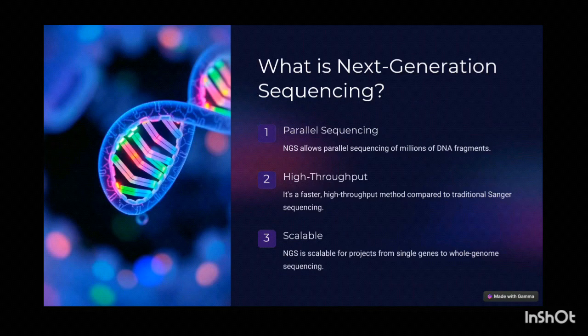In easy words, let's say a patient comes to a doctor and the doctor couldn't find the cause of a particular disorder or disease. So the doctor asks the genomist to do NGS.